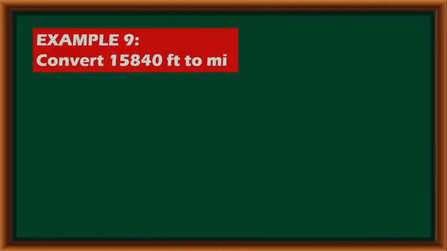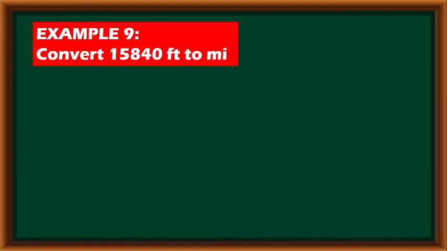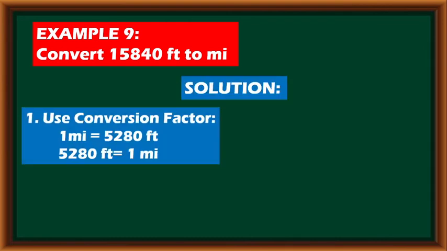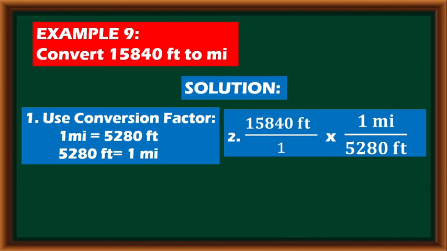And for number 9, we have convert 15,840 feet to mile. Which one is longer? Of course, mile is longer or greater than feet, because for every mile we have 5,280 feet. So 15,840 feet over 1 multiplied by 1 mile over 5,280 feet, you are going to cancel out feet.